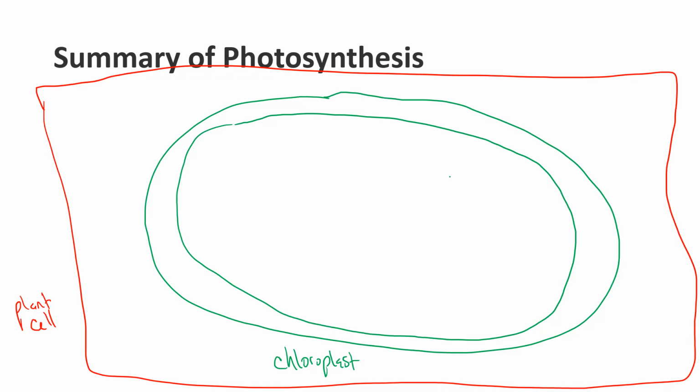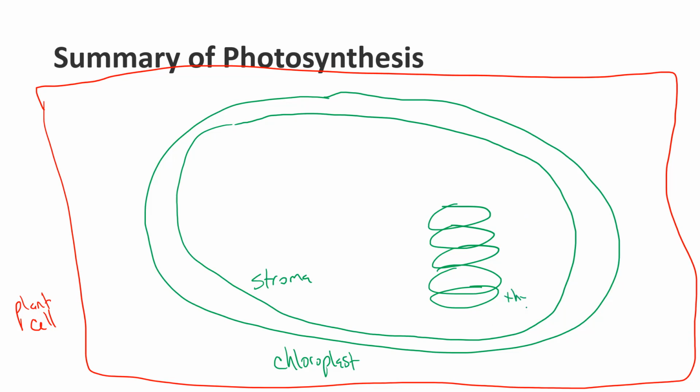That resulted in a double membrane, and inside here, the inside portion of the chloroplast called the stroma, there are these stacks of what look like green pancakes. So one green pancake is a thylakoid, and then a whole stack is a granum.